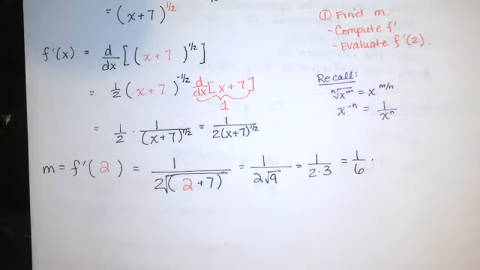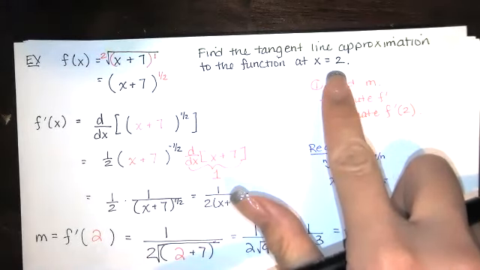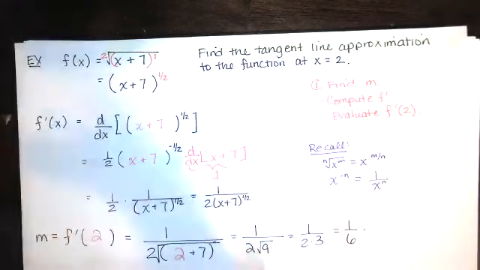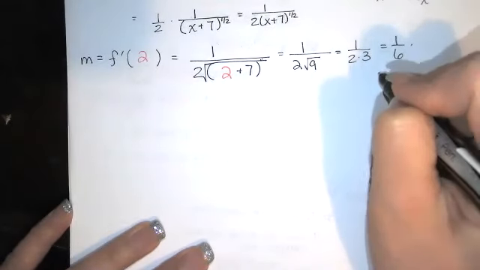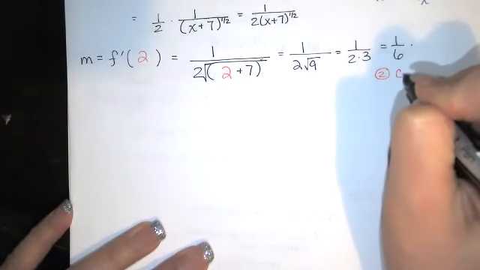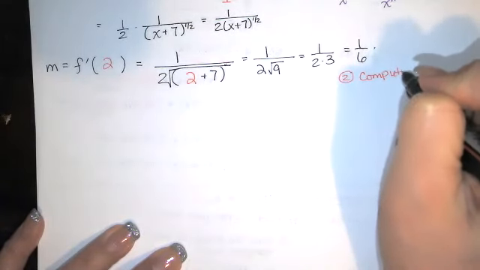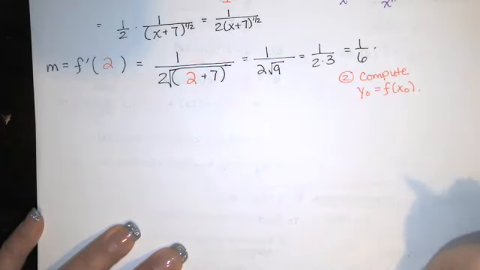Now remember, you need two things. You need a slope and you need a point on the line. Well, we've got an x value on the line. We need to find the y value that goes with it. Well, remember, f of x gives you y values. So we need to find the y value that goes with that x value. So we will compute y naught, which is f of x naught, which in this case is f of 2.